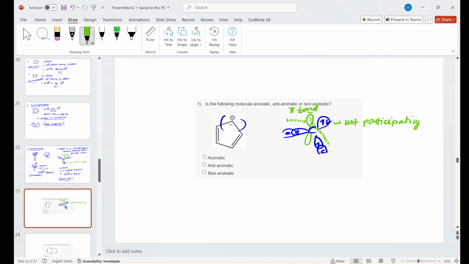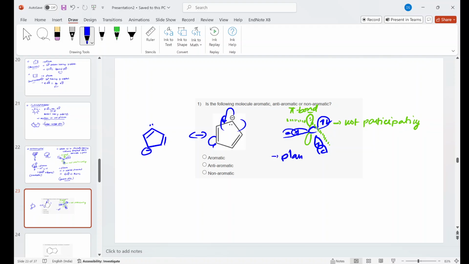Right, so we can consider this one. You can also draw one resonance structure. So if it comes here, what you are having here, you are having 1, 2, 3, 4, 5, 6.